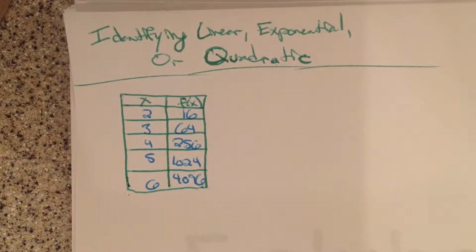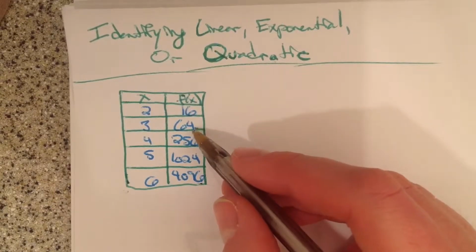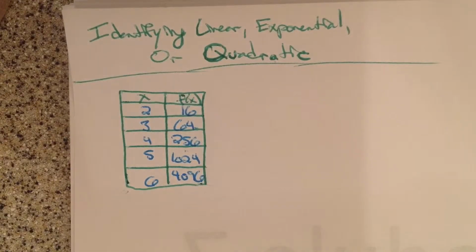Now, if something is linear, that means I add a term every time to get to the next term. Well, to go from 16 to 60, I'm adding something around 50. To go from 64 to 256, I'm adding something a lot bigger than 50. So there isn't that same number being added every time, so this function is not linear.